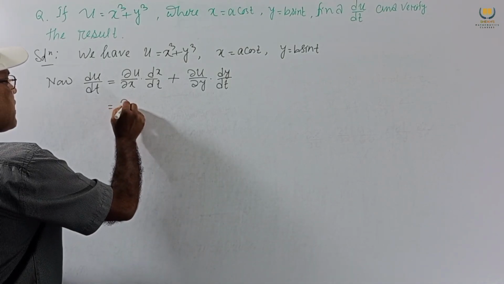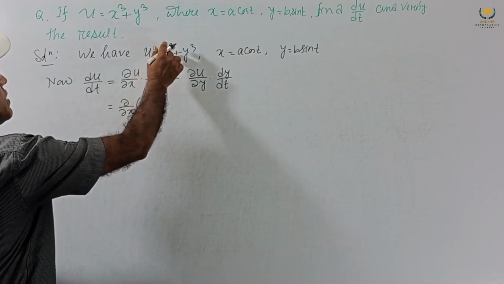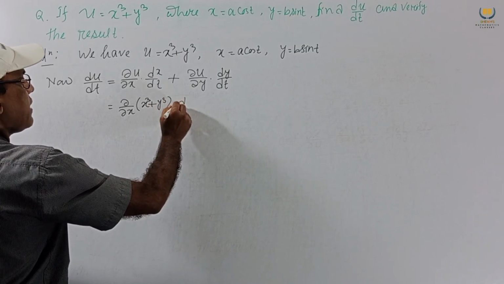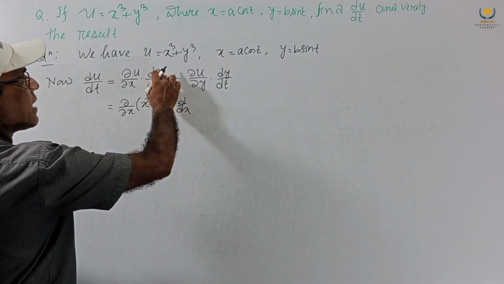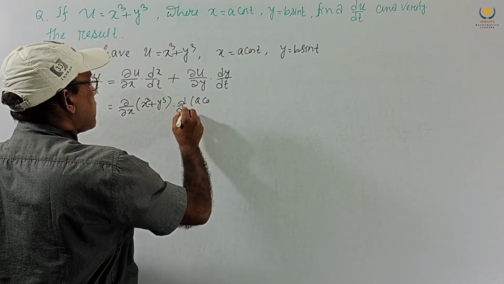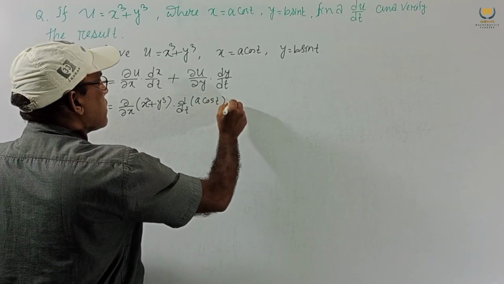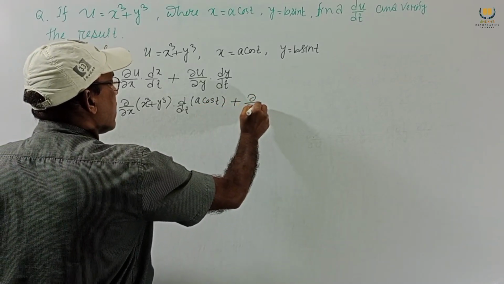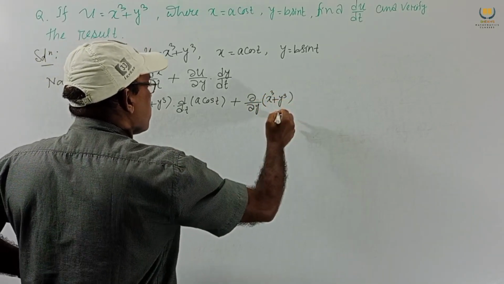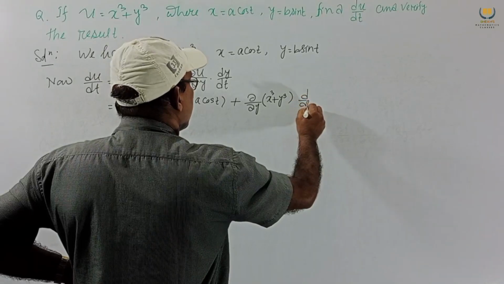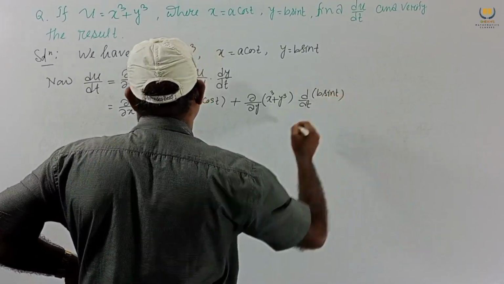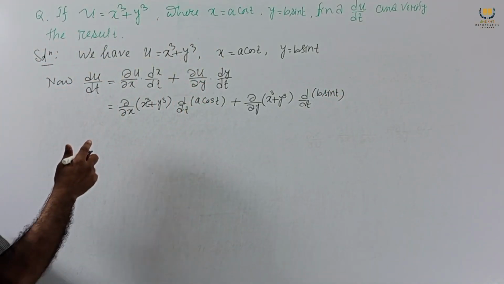Now del u by del x of x cube plus y cube, into d/dt of a cos t, plus del u by del y of x cube plus y cube, into d/dt of b sin t. We get this just by putting in the ready-made values.